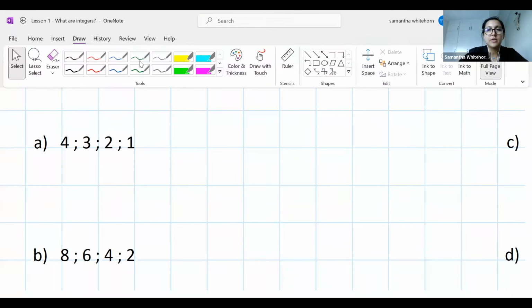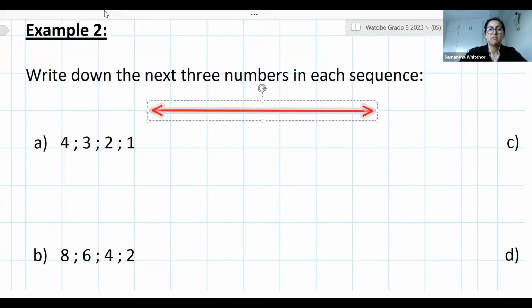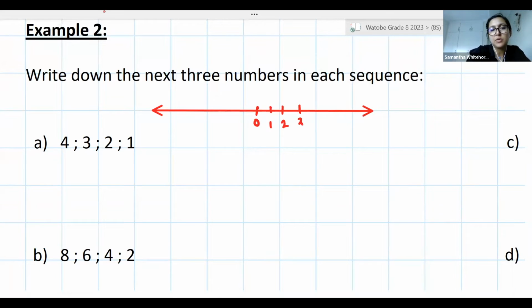I'm going to draw in a number line for us. You might find it useful, you might not. The question is asking us to finish or follow the pattern, and write down the next 3 terms so that the pattern remains consistent from one term to the next.